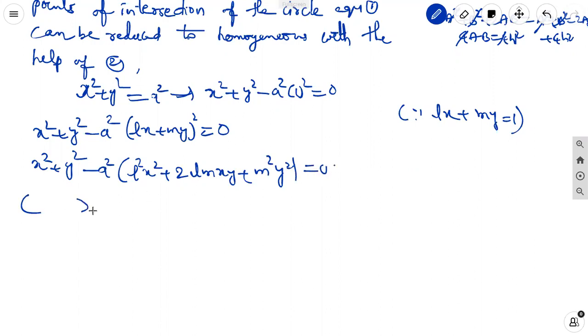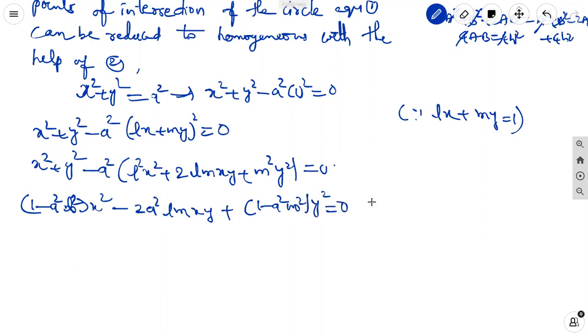Here x square is taken common. We get (1 minus a square l square) x square minus 2a square lm xy plus (1 minus a square m square) y square equal to 0. It is the third equation, which is in the form of ax square plus 2hxy plus by square equal to 0. It is clearly a homogeneous equation.